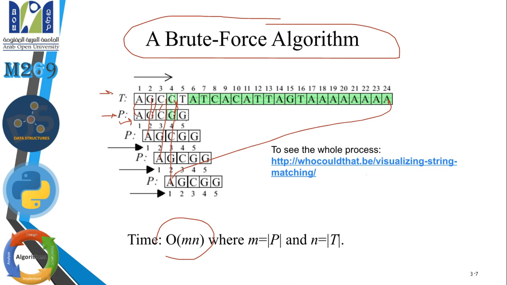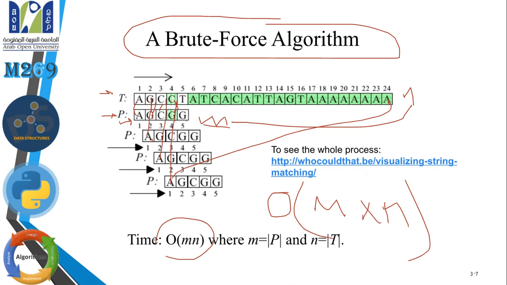That's why we say here we have N characters and here we have M characters. So you need to compare every single M with N. We're shifting every time and comparing it again with N. So the time taken is M by N. That's why we say the complexity is O(MN).